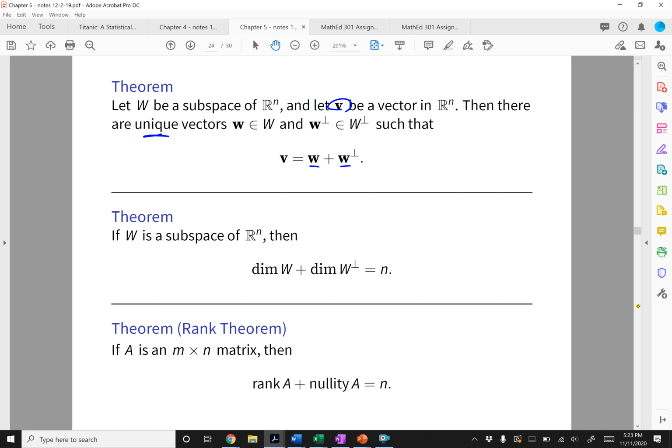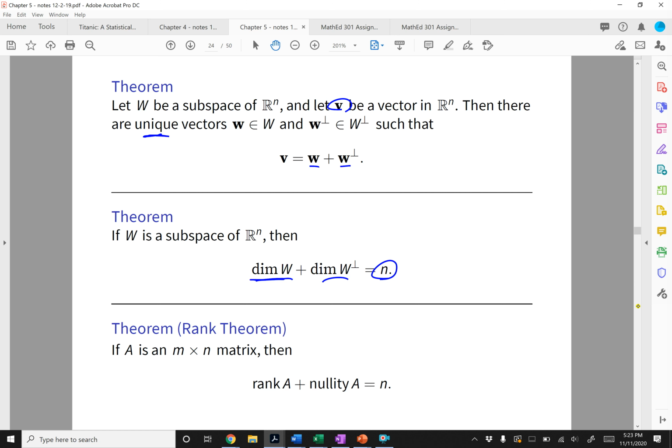There's only one way to do that. This is something I mentioned before: we only have n dimensions to work with. So if we're in R3 and W is a subspace of dimension 2, then the orthogonal complement is going to be a one-dimensional subspace.